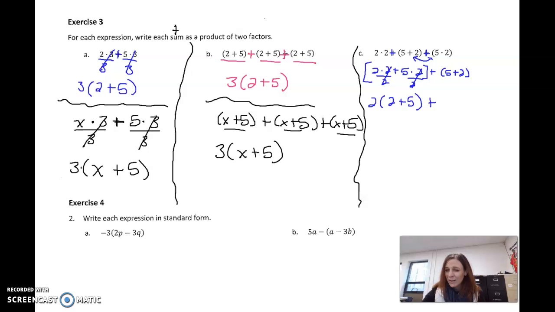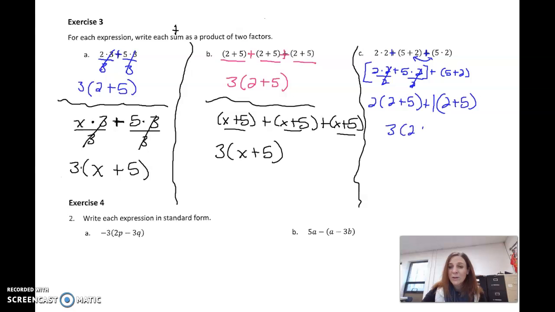But I want to make it look like this one, so I'm going to switch it around and write, instead of 5 plus 2, 2 plus 5. Okay, we can do that, all right? So stick with me again. I have two 2 plus 5s, and over here I have one 2 plus 5. So if I have two 2 plus 5s and one 2 plus 5, how many 2 plus 5s do I have?